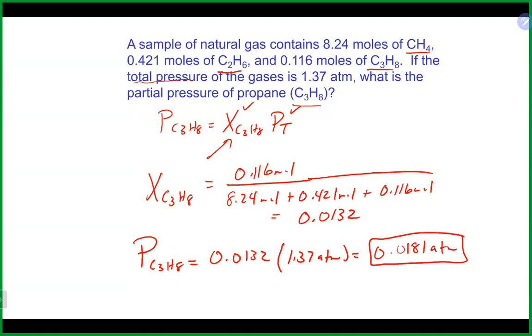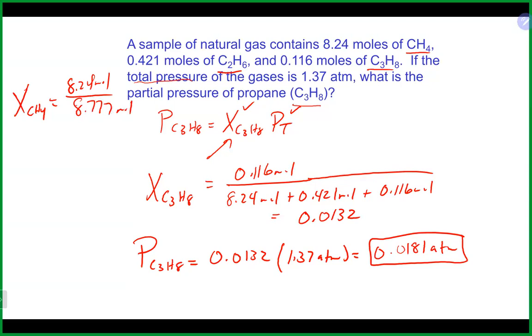We could do the same thing for the other gases in this mixture. We would just obviously take, for example, if we wanted the mole fraction of methane, we would take our 8.24 moles and divide it by the total moles, which is 8.777.